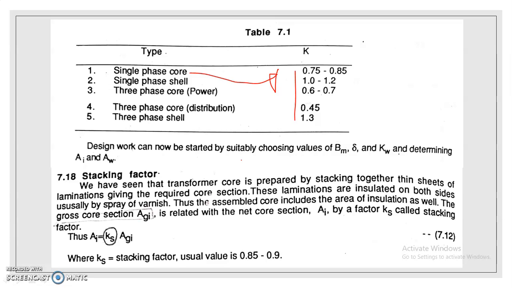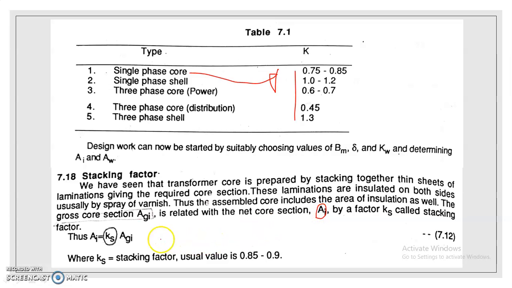Actually, the core is made up of thin sheets which are collected together, and varnished or laminated to reduce the iron losses. Before varnishing or laminating, the area of cross section is known as the net core section, indicated by Ai.